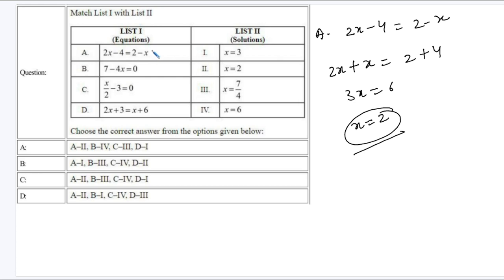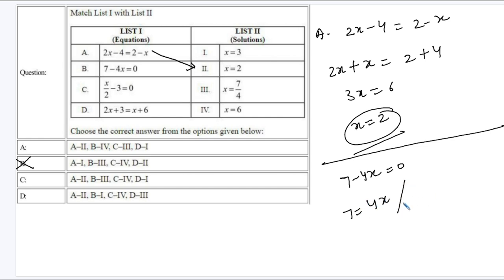If x is 2, that means A will go to the second part. Since A is going to second part, my answer can't be B. B is eliminated. Checking the next one, if I have 7 minus 4x is equal to 0, I can take x on the other side, and this will become 7 equal to 4x, or it's the same as writing 4x is equal to 7.